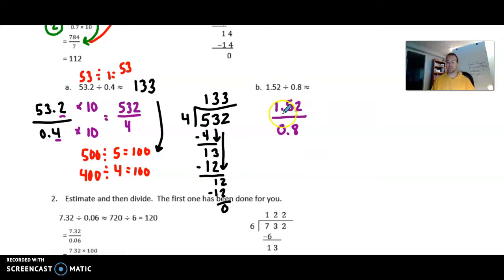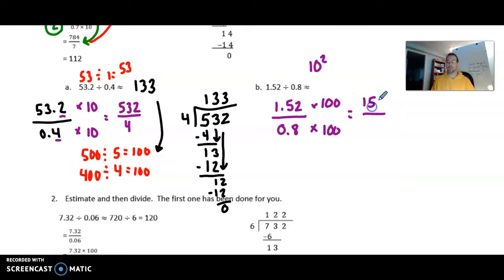So in order to get this decimal out, I'm really going to need to move this decimal 2 places, or move the values of the numbers 2 places. So think 10 to the power of 2. That's going to be 100. So if I multiply the top by 100, the bottom needs to be multiplied by 100 as well to make equivalent fractions. I can't multiply this one by 10, or they won't be equivalent fractions.